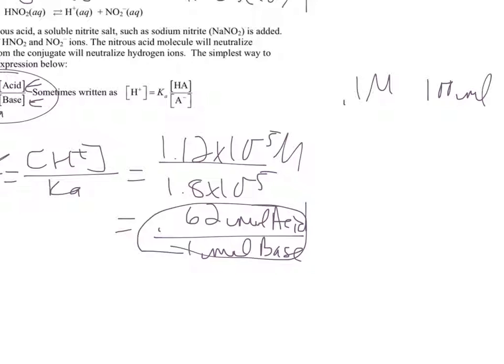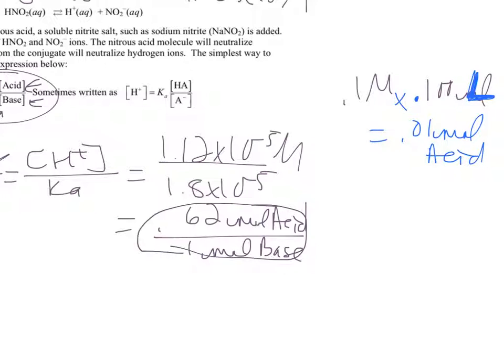So if I'm going to figure out the number of moles that I actually have, I just multiply, right? Molarity is moles per liter. If I convert this to liters, make that 0.1 liters times 0.1 molar, what I get is 0.01 moles of the acid.